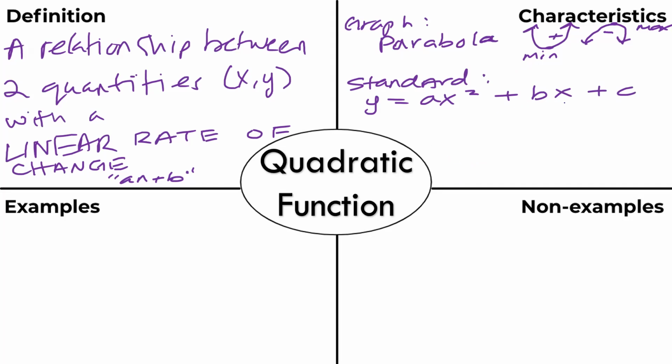You may not have the last two terms, the bx and the c, as this is the primary term that lets you know that it is a quadratic. Notice here that the power is a 2. If your highest power on your variable is a 2, then it is a quadratic. Okay, our next form is called vertex.